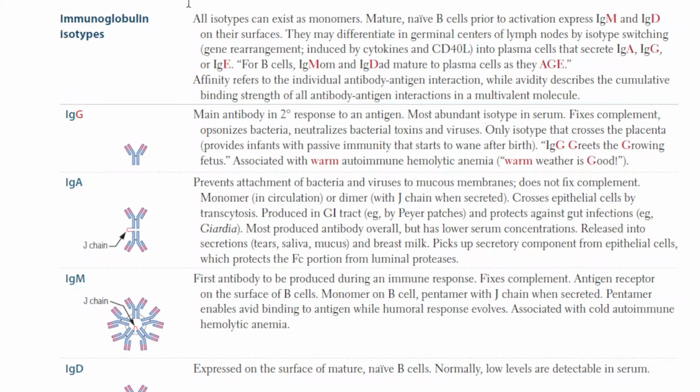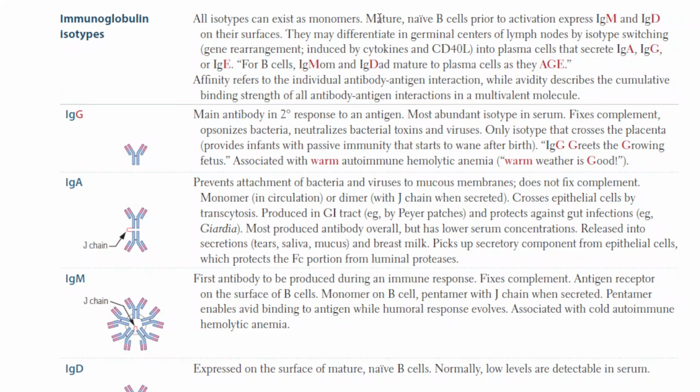All isotypes can exist as monomers. Mature naive B cells, prior to activation, express immunoglobulin M and immunoglobulin D. Remember, doctors, MD. This is the first one.